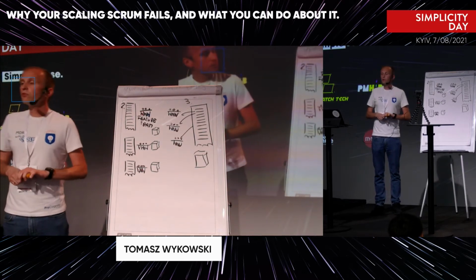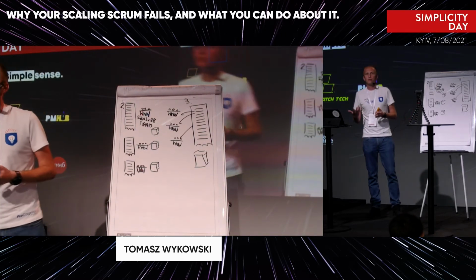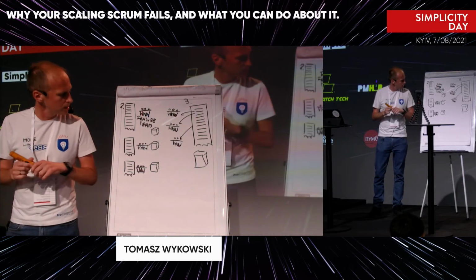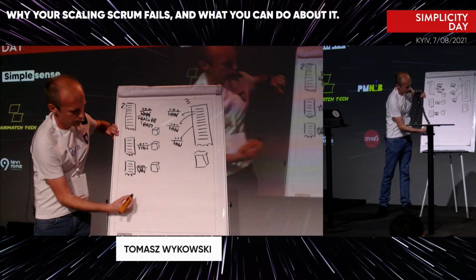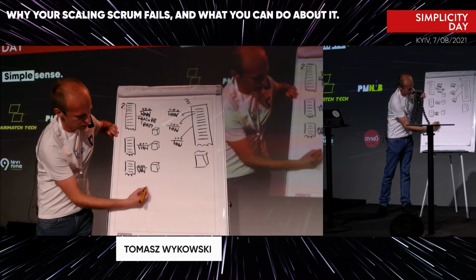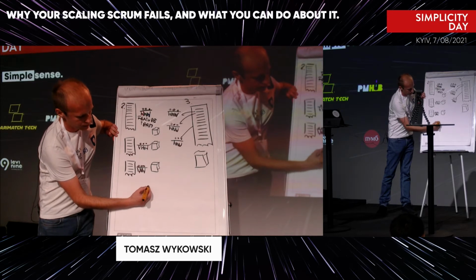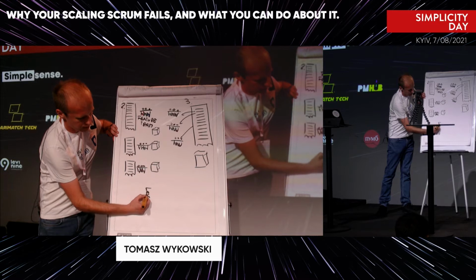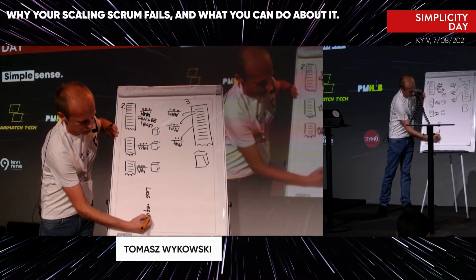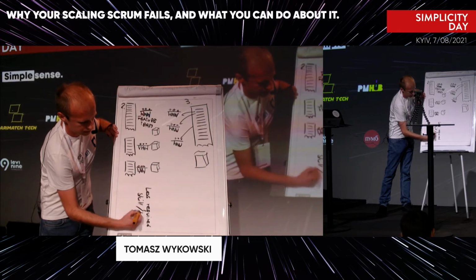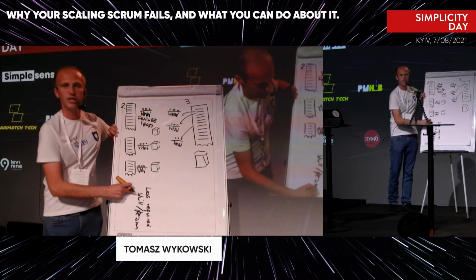Now, what do we do about this one, right? So one of the things is you need to discover, just to add it here, so we get the specialization here, but you also get less required skills per team. So this is easier.